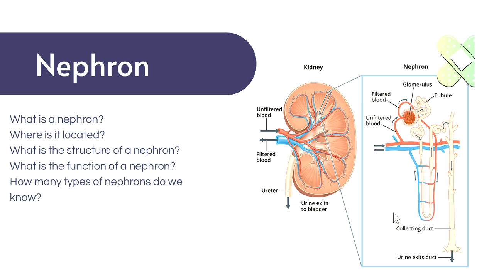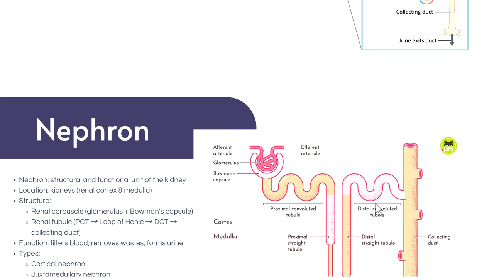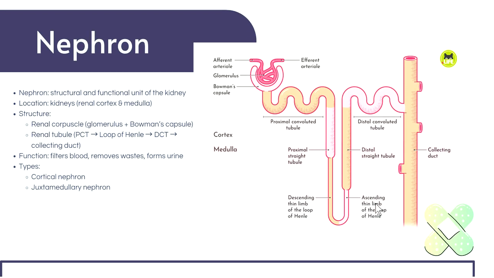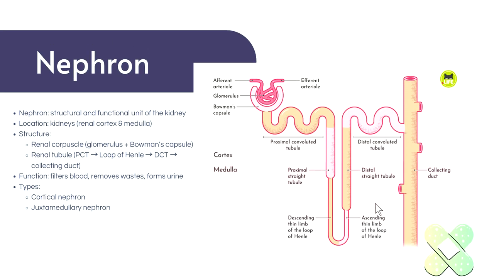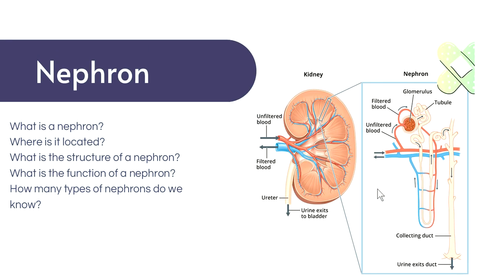So, what is actually a nephron? The nephron is the smallest structural and functional unit of the kidney. So here we have one picture of the kidney. Quick reminder of how many parts the kidney has. It has two parts. We have the cortex and the medulla.